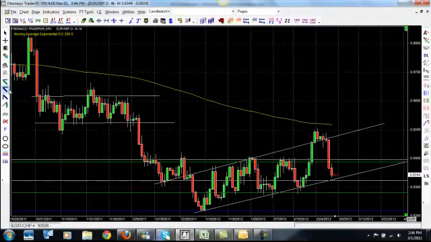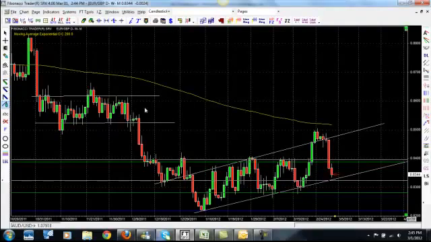Okay, so what we're going to do in this pair, we are going to take a buy right around 83.30, and we're going to put our stop, let's see here, right around underneath these swing lows. So 82.55 for our stop, and we want to look for our profit target up in this range in here.